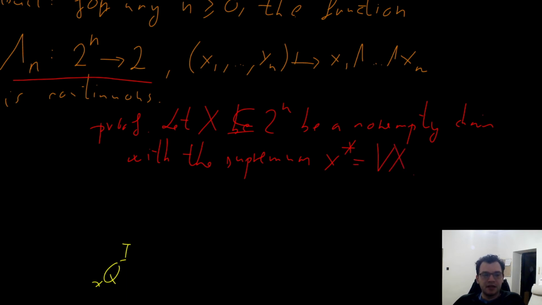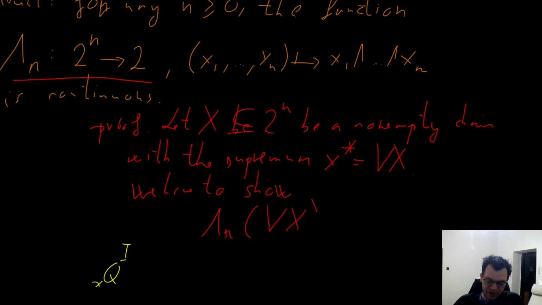Okay. Now we have to show that the n-ary conjunction of the supremum of these vectors is the same as just taking the supremum of the n-ary conjunctions of these values.